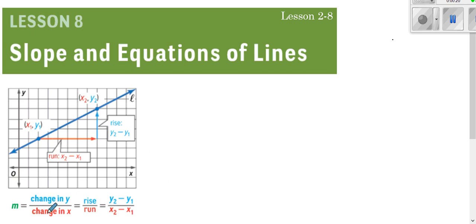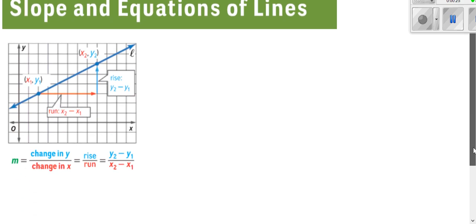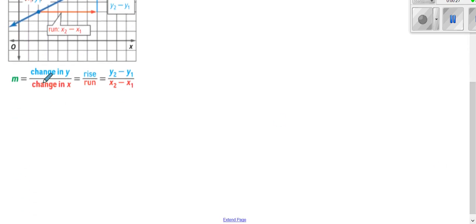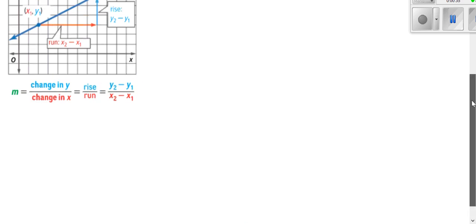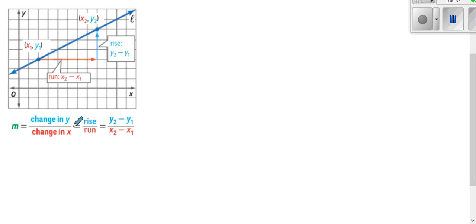The first thing to note is that we have a slope formula down here. This is something that you'll need to know, okay? It's given to you in 3 different versions: change in y over change in x, rise over run, and then this one down here at the end. These first 2 are just to help you think about what slope actually is.